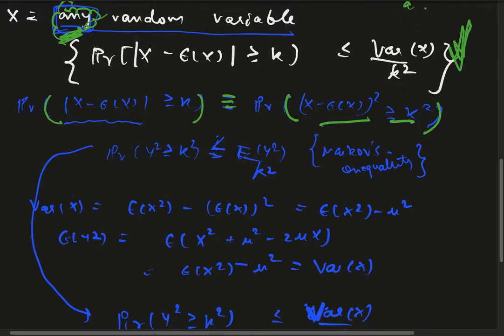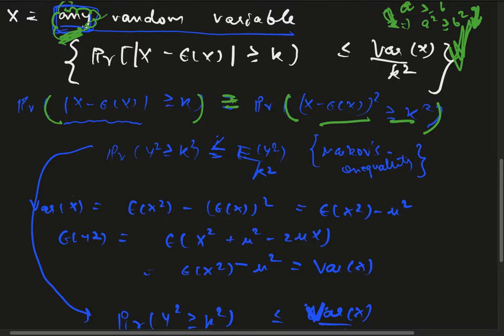So if a is greater than b, this implies a square would be greater than b square, if obviously a and b are positive quantities, then these two statements are equivalent.